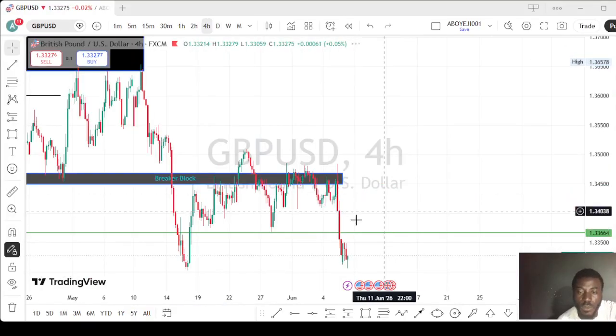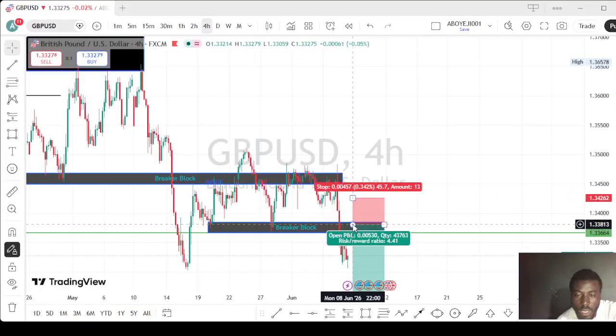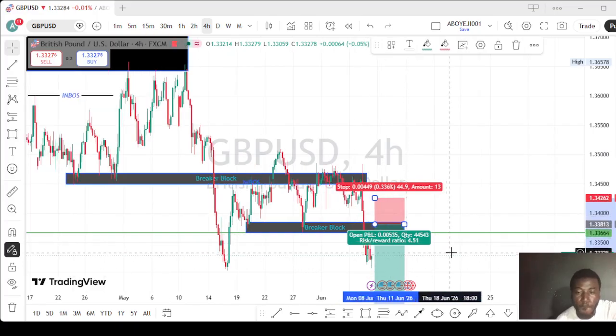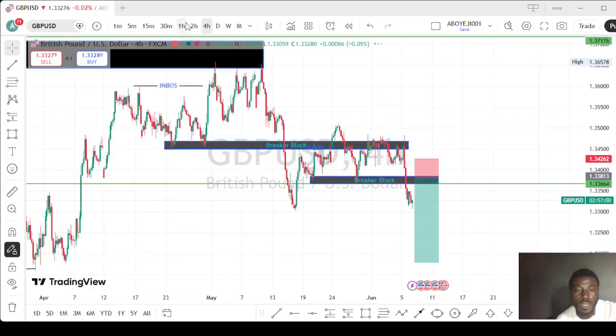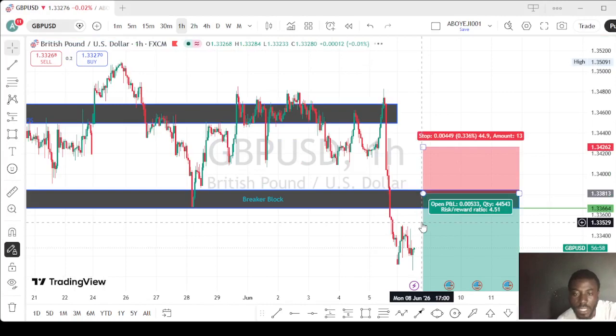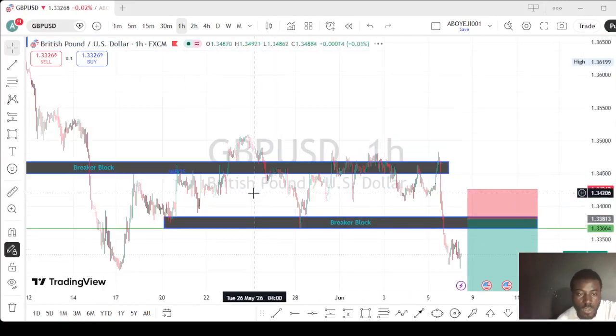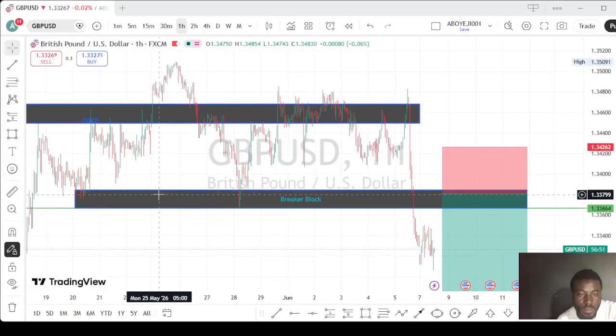So let's move to 4 hours back. This is where we are expecting the market. Let's be expecting the market here before you can see a huge downtrend. So let's move to 1 hour time frame. If we can define the 1 hour time frame opportunity, this is the 1 hour time frame. This is what the market is doing on the 1 hour time frame.